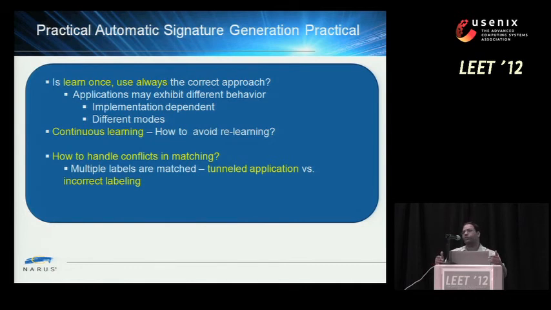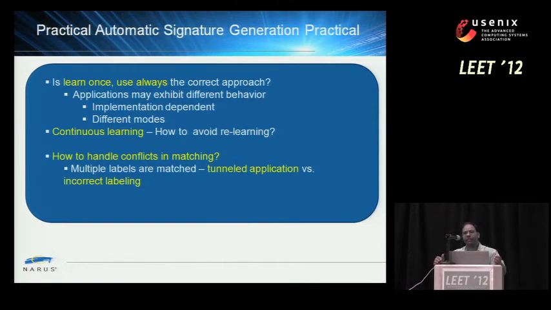This may be because of different implementations used for those applications, or because the application has different modes which show up over different times. For example, an application might have two commands, one of which shows up in the training set on the first day, and the other one shows up after a few weeks.